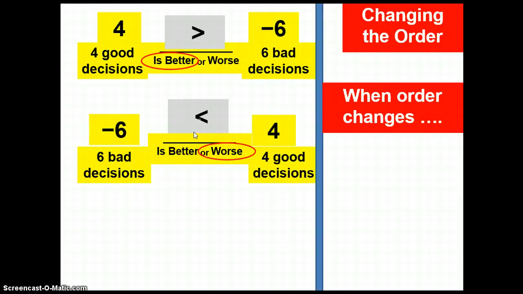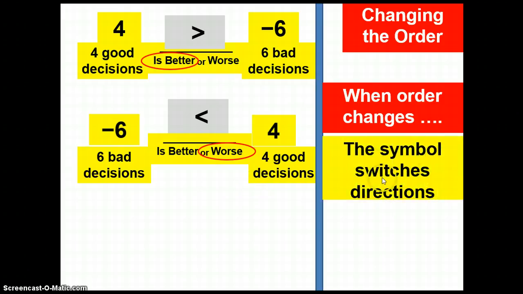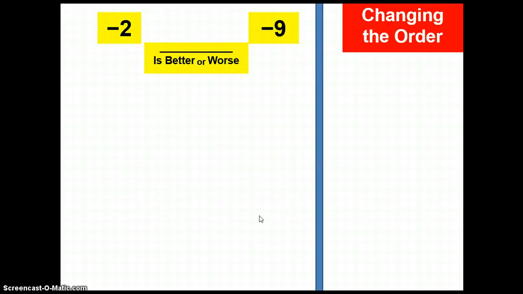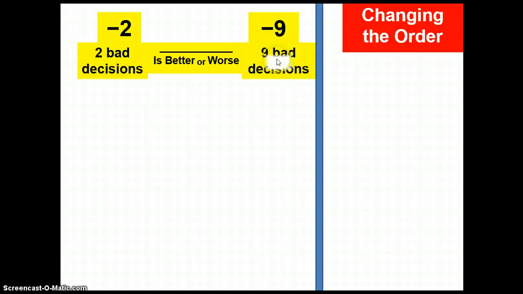Worse, right? The symbol changed. The order changed, and so did the symbol, because it's not the same relationship anymore. Again, what we notice is that the symbol switches directions because the relationship between the numbers is not the same anymore.